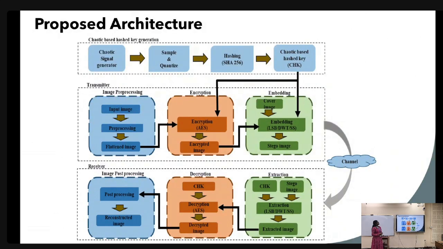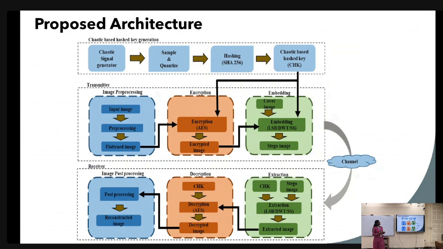This is my proposed architecture. You can see that first we generate the key for encryption, and I have used these keys for both cryptography and steganography. I will explain the key in an upcoming slide. At the transmitter side, we have the input image.